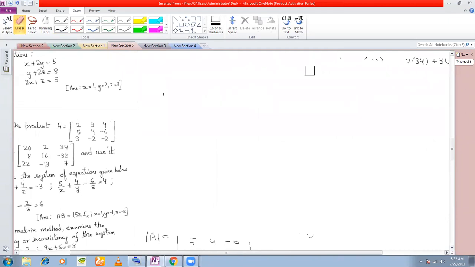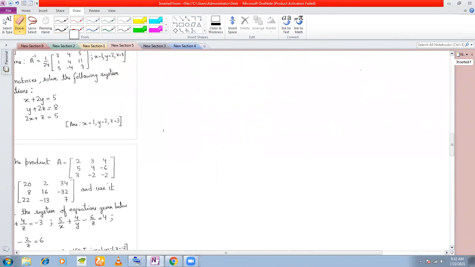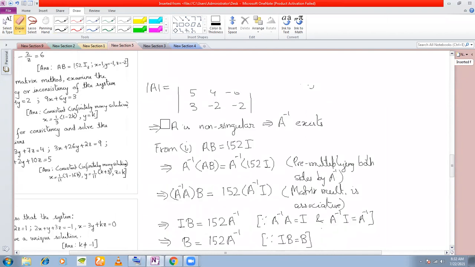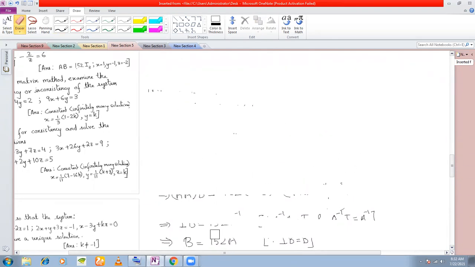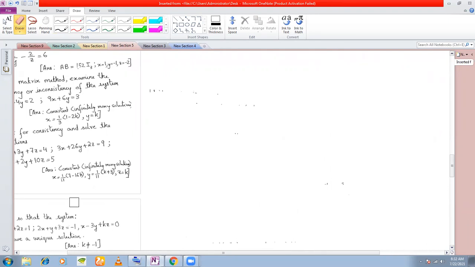We'll move on to the next problem, which is not as long as this, but definitely a little different from all other problems that we have done till now. And for this, we also need to look at the chart.